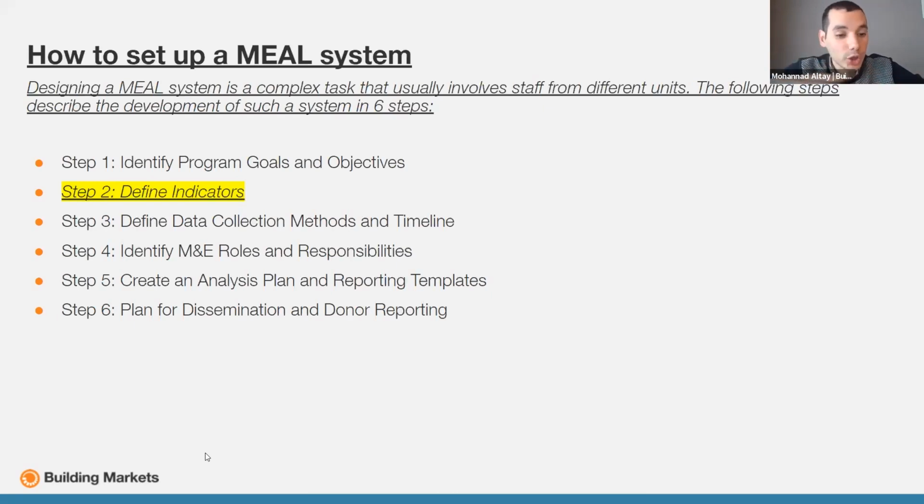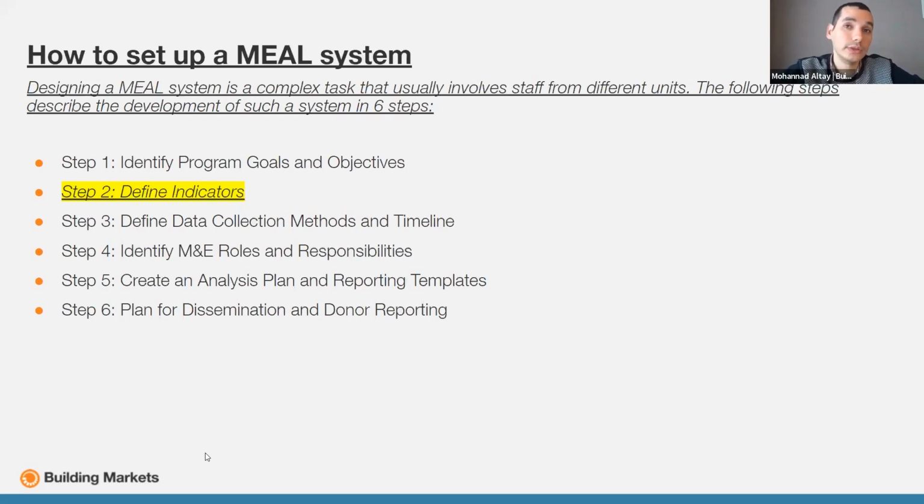Do we need to change our direction, whether it is a big or small change? It is crucial to have a clearly set plan for how you want to assess and analyze the data that you are collecting.